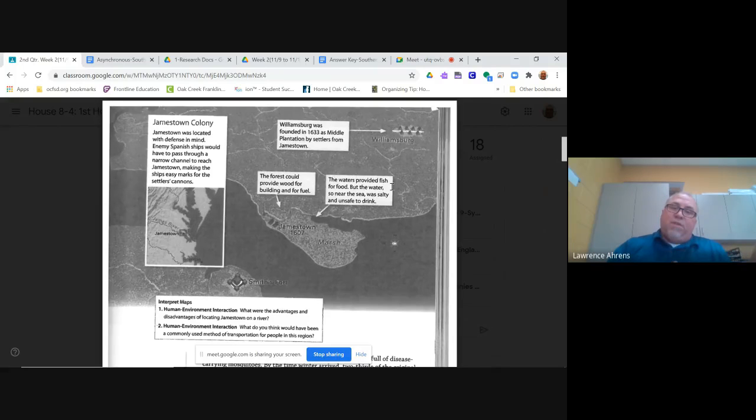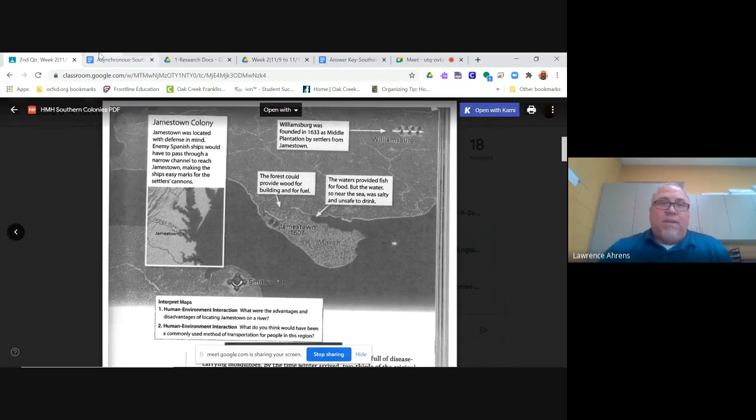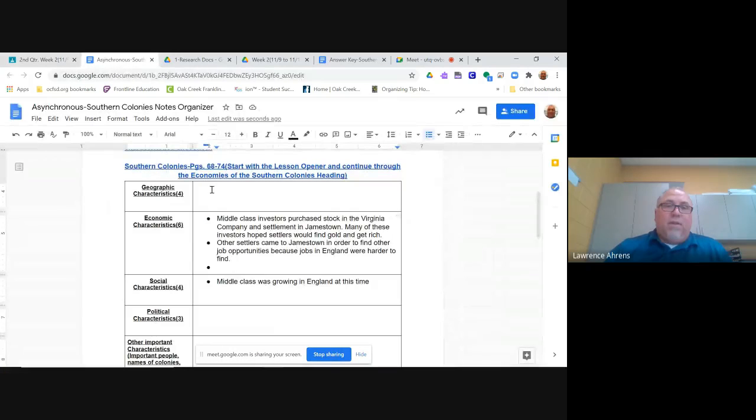So while Jamestown was surrounded by these marshes, it doesn't mean there were marshes everywhere in the South, although with the South having a warm climate, it's definitely something that could be more commonplace in the South than in the New England colonies you're going to read about next. So I think we can stereotype this a little bit, because we are going to specify that this is specific to Jamestown.